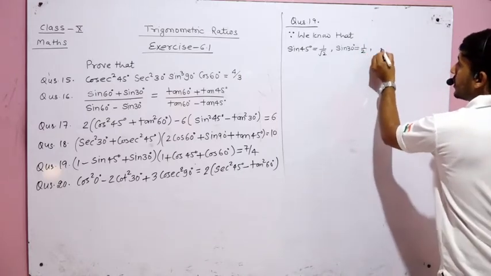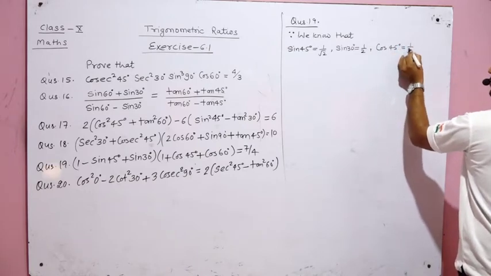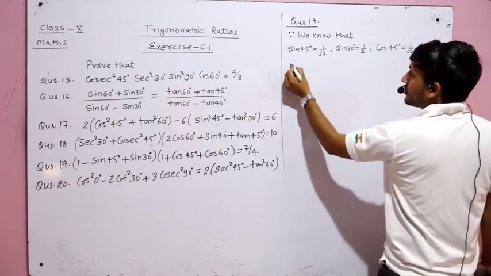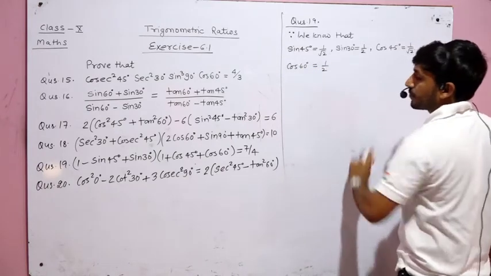Next, cos 45 degree is equal to 1 by root 2 and cos 60 degree is 1 by 2.